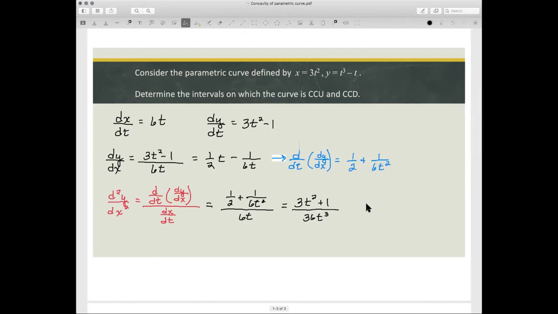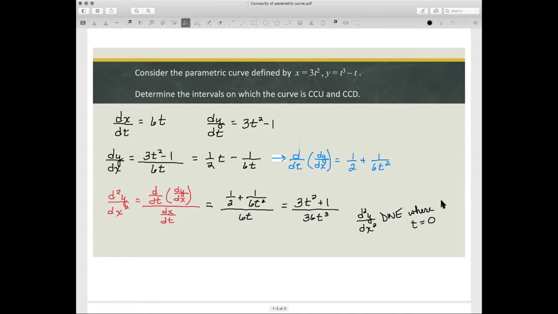Remember that our possible inflection points upon which our concavity intervals are going to be built are found by taking the second derivative and finding where it equals 0, but also considering where the second derivative does not exist. So if we set the second derivative equal to 0, we find there is nowhere that it equals 0. However, it does not exist where t equals 0.